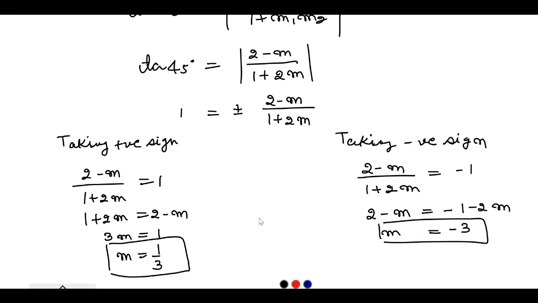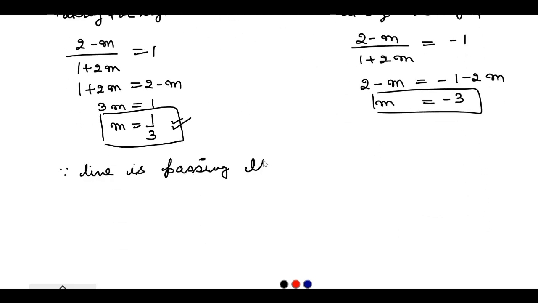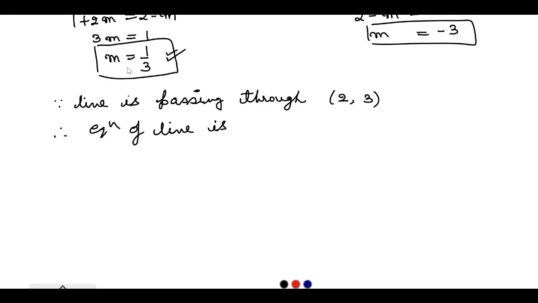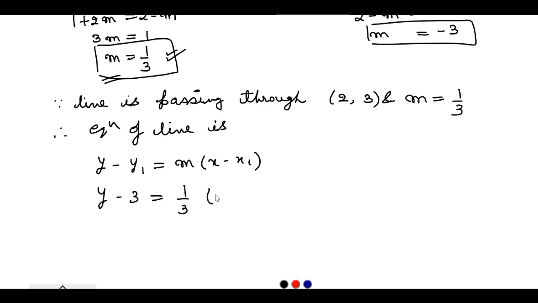The first condition is given. The line is passing through (2, 3). One point and slope are known, so we can find the equation of the line. First we are considering M is equal to 1 upon 3. Y minus Y1 is equal to M times (x minus X1). Y1 is 3, M is 1 upon 3 and X1 is 2. x minus 3y plus 7 is equal to 0.